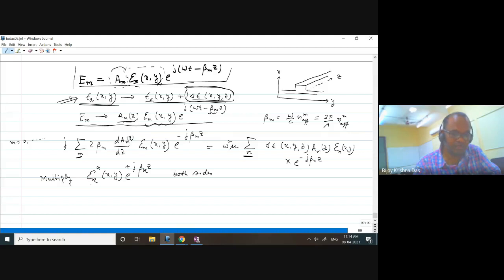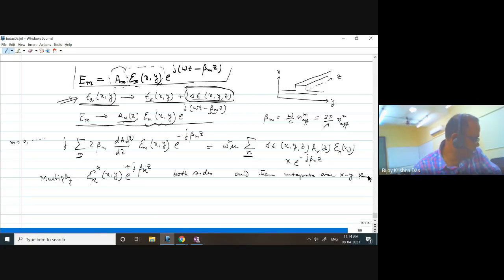This multiplication will give us a simplified form of this equation. Okay, multiply both sides and then integrate over the xy plane. Okay, that is the whole idea.